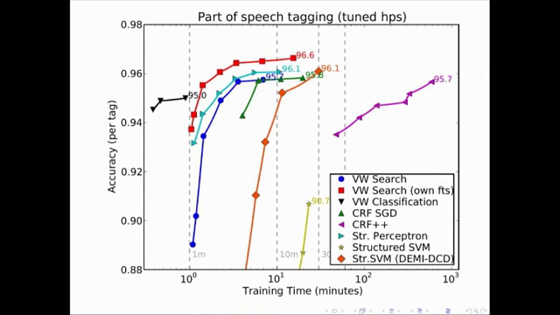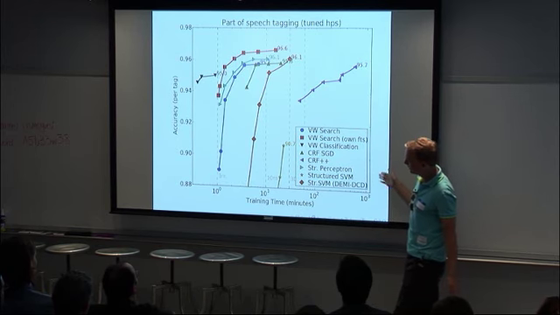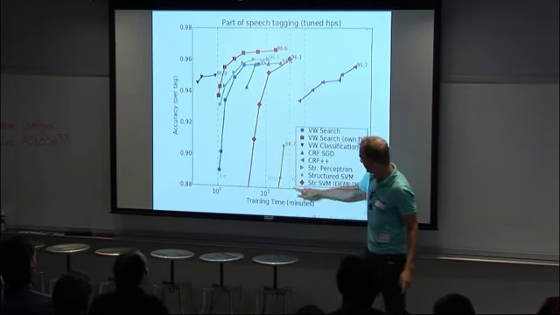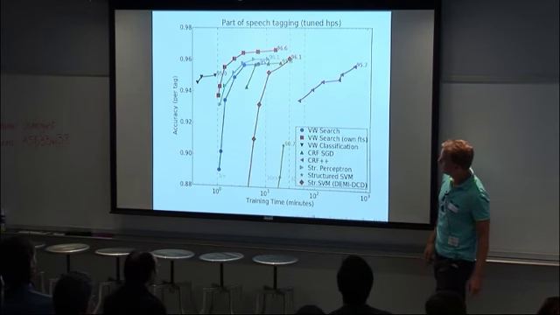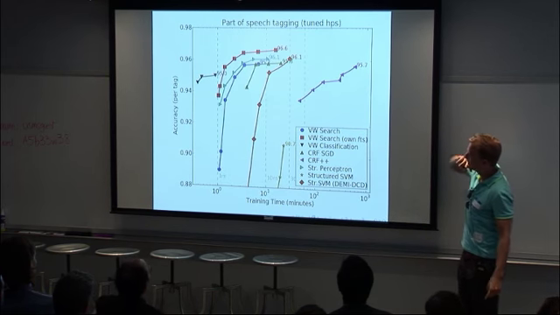In terms of accuracy, so this is on part of speech tagging using tuned hyperparameters. Basically, the x-axis is the training time, so a minute, 10 minutes, 30 minutes. And then the y-axis is test accuracy.